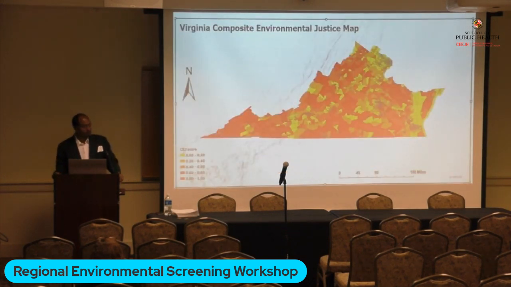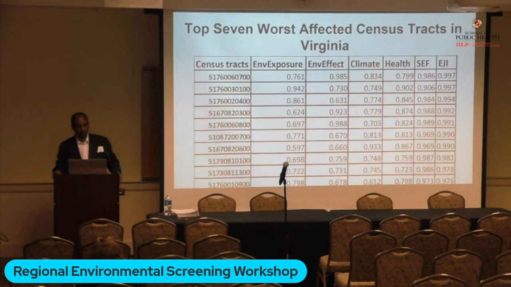This is the Virginia Composite Environmental Justice Map. As you can see, many census tracts are affected by environmental justice, including the major cities. Similarly, the top 7 worst affected census tracts are 0700, 0100, and 0400.